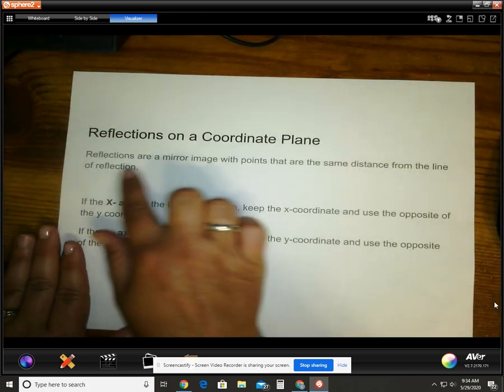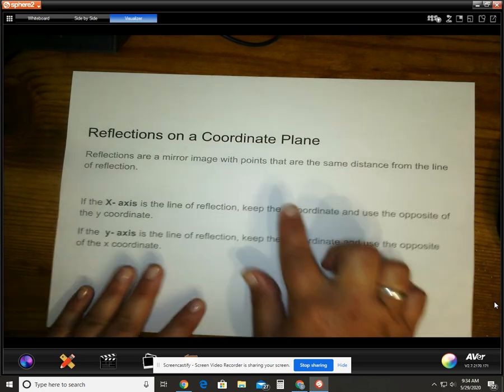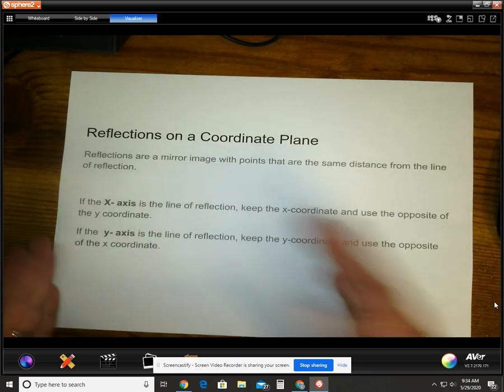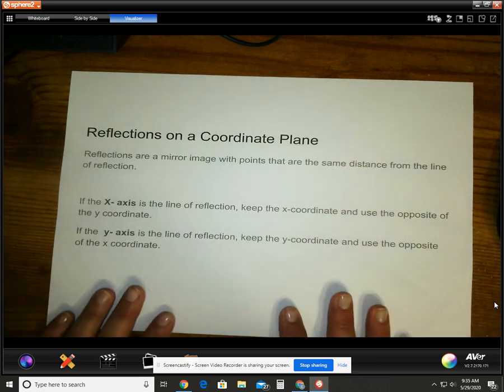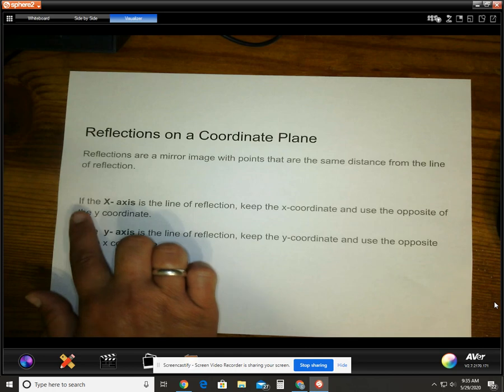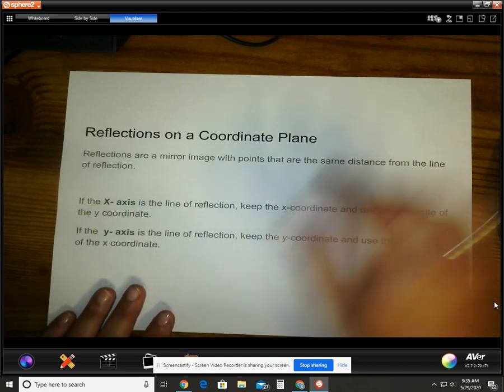Reflections are a mirror image with points that are the same distance from the line of reflection. So we're going to talk about our lines as far as the x-axis and y-axis, right? If the x-axis is the line of reflection, we're going to keep the x-coordinate.